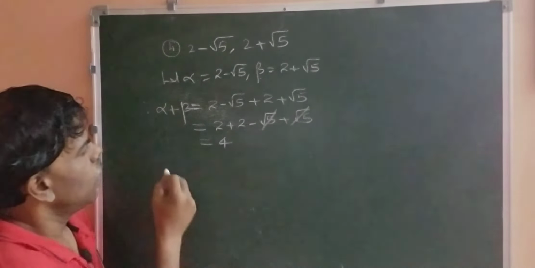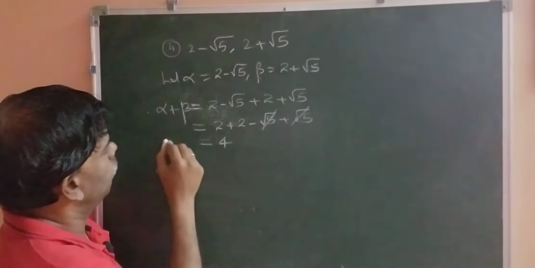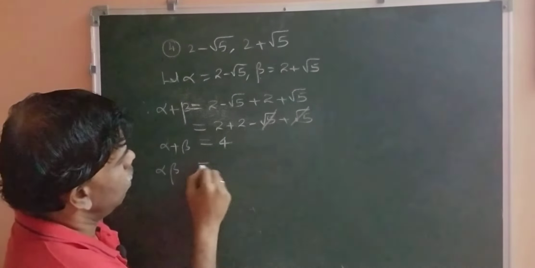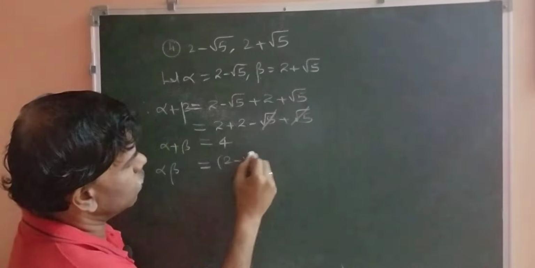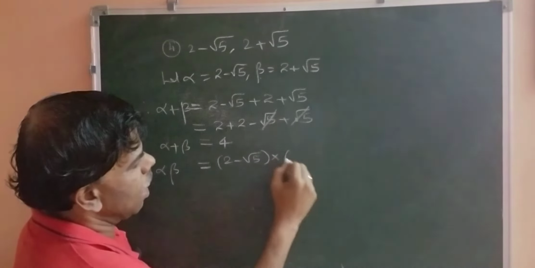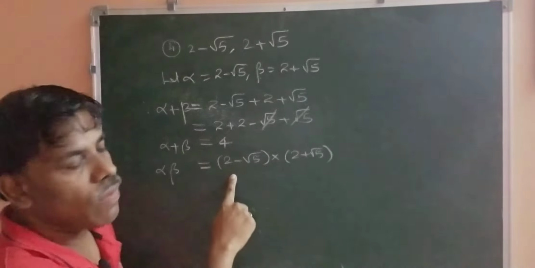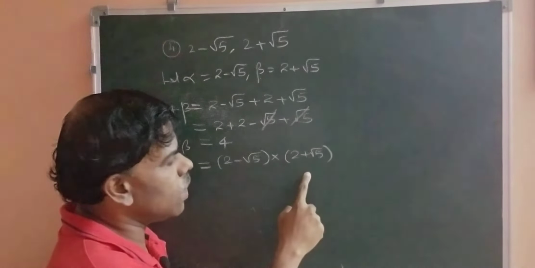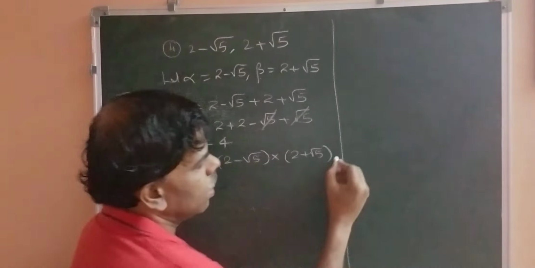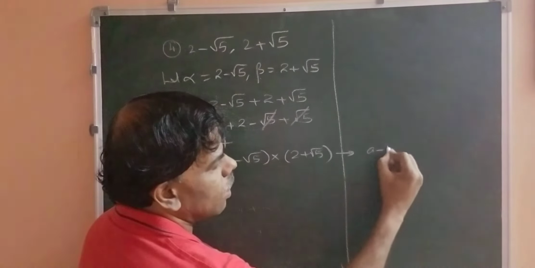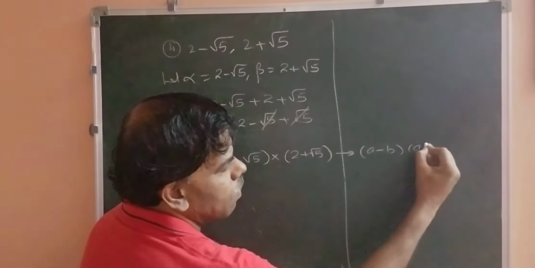Right. Now alpha beta is 2 minus root 5 multiplied by 2 plus root 5. Here it is of the form a minus b into a plus b.